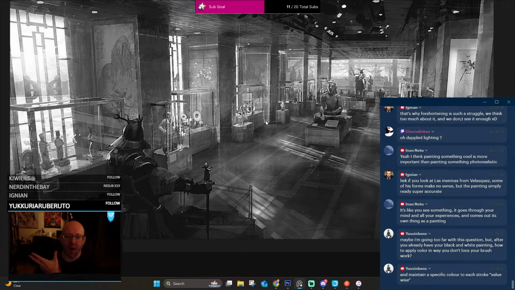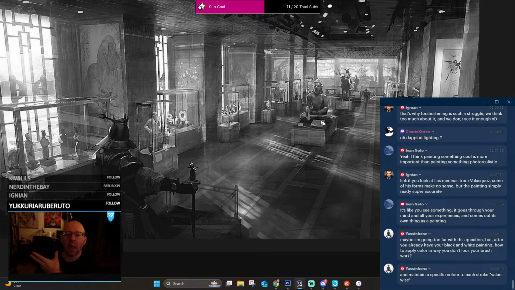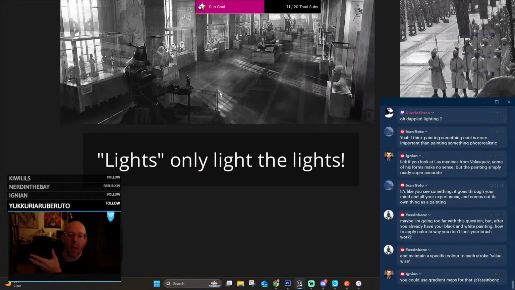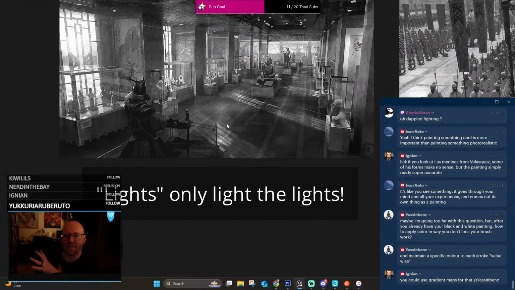But it's not a supernova. This is not equally lit everywhere because we have things in front of it. We have structured walls with thickness and density, but in the areas that we don't, meaning these open window ideas, you see hints of the lighter light coming through. So the light only lights the lights.